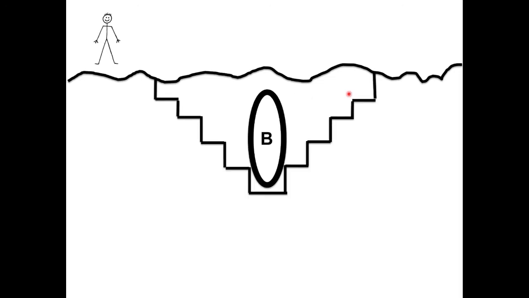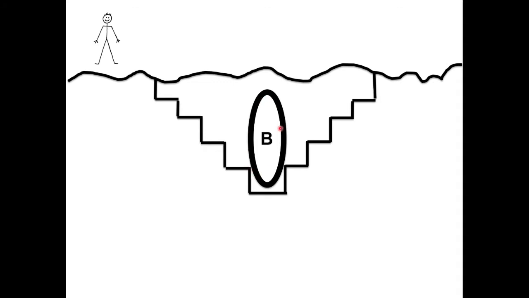Contrast that now with ore body B, where I've rotated the ore body 90 degrees, and notice that now its long direction is perpendicular to the surface of the earth. But also notice here that if you were to mine B as an open pit mine, you have to build your mine deeper, and you also have to excavate a lot more of the rock to the right of B and a lot more of the rock to the left of B, and none of this rock surrounding the ore body has anything worth selling.